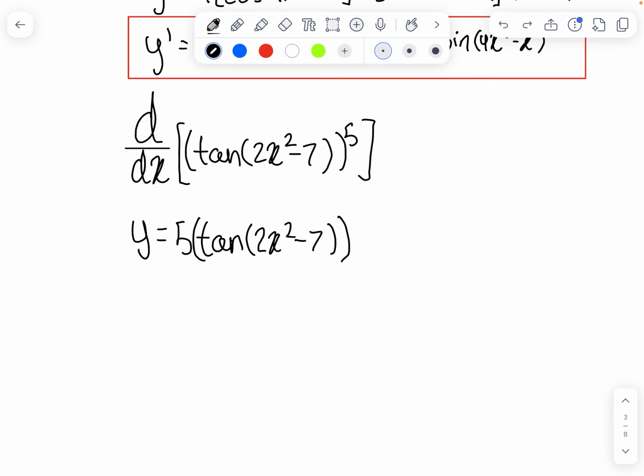Oh no, and minus 1, so it's 4. And then the derivative of this term.